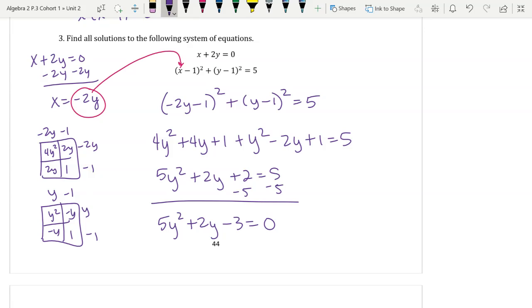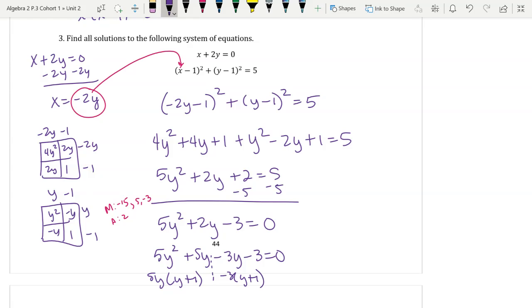So what multiplies to make negative 15, but adds to make 2, that would be 5 and negative 3. So this is going to become 5y squared plus 5y minus 3y minus 3. Do your grouping, 5y times y plus 1, negative 3 times y plus 1.